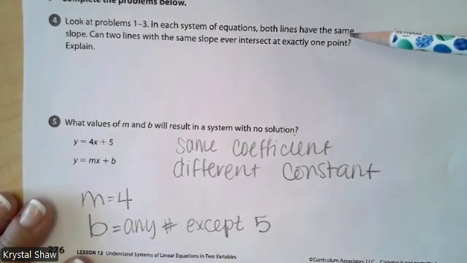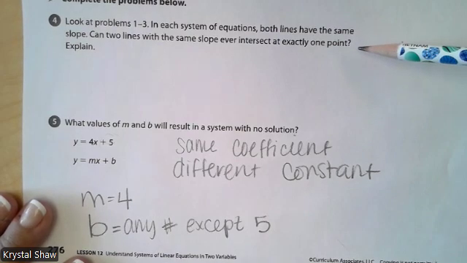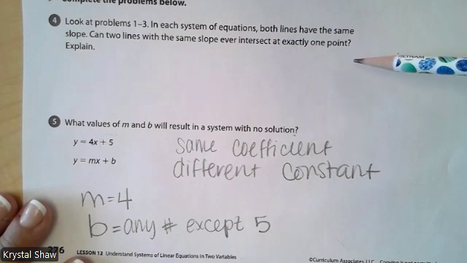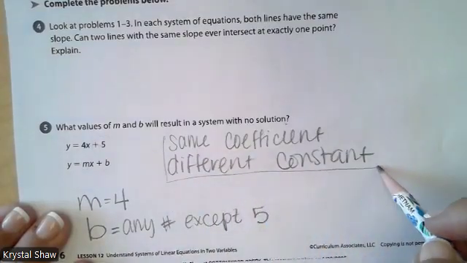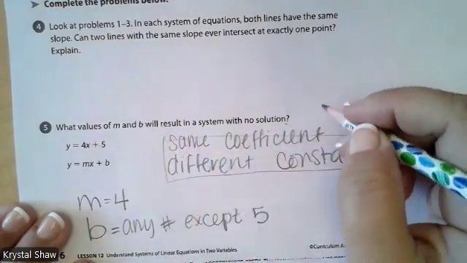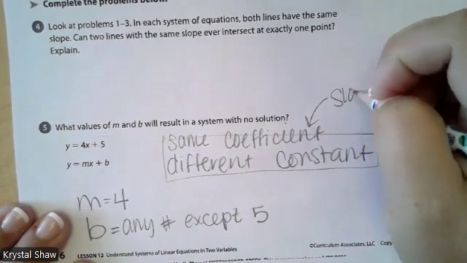Okay, lastly, look at problems 1 through 3. In each system of equation, both lines have the same slope. Can two lines with the same slope ever intersect at exactly 1 point? So again, this is following this pattern here. Same coefficient, different constant. Coefficient is my slope.